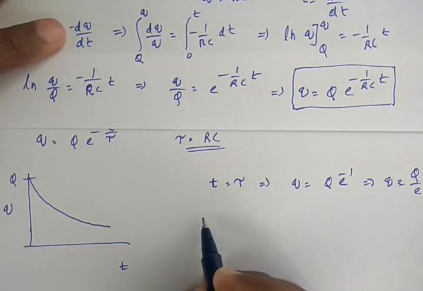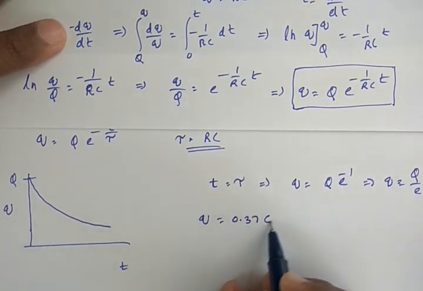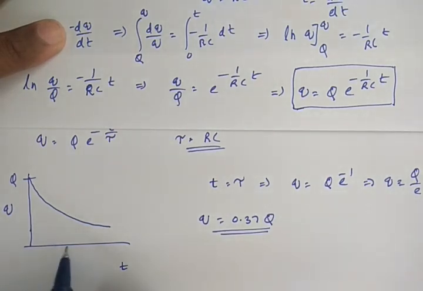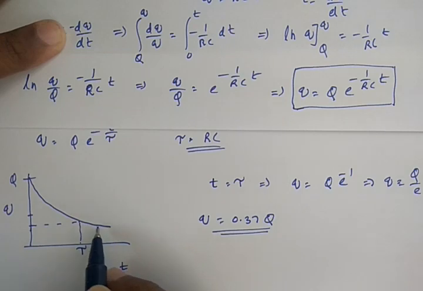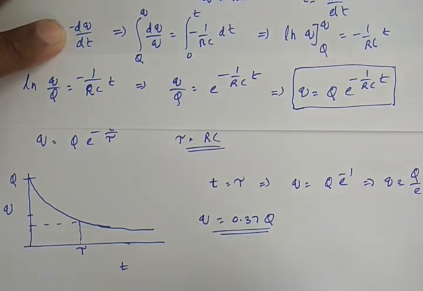So then q equals 0.37 times the maximum charge. So if you wait for one time constant, maybe this is 0.5 and this may be 0.37. So in one time constant, the charge on the capacitor plate becomes 0.37 times Q. But practically it takes only 3-4 time constants.